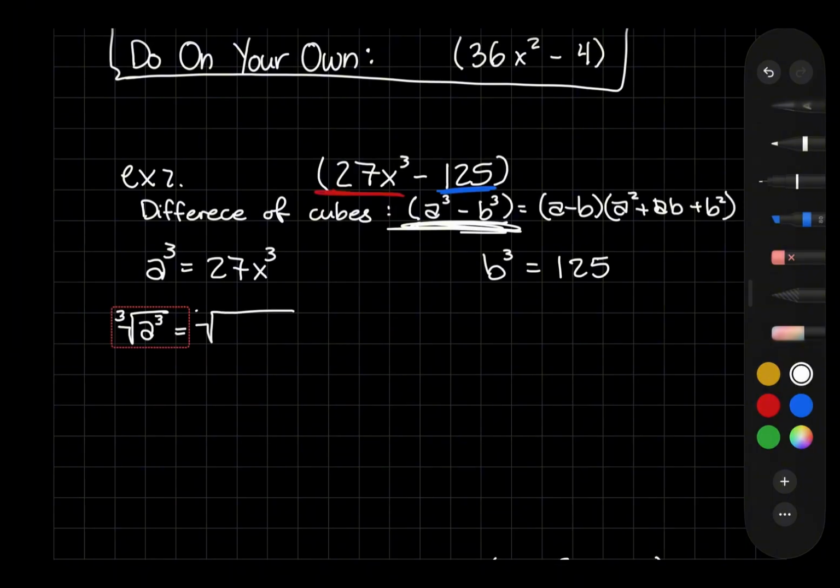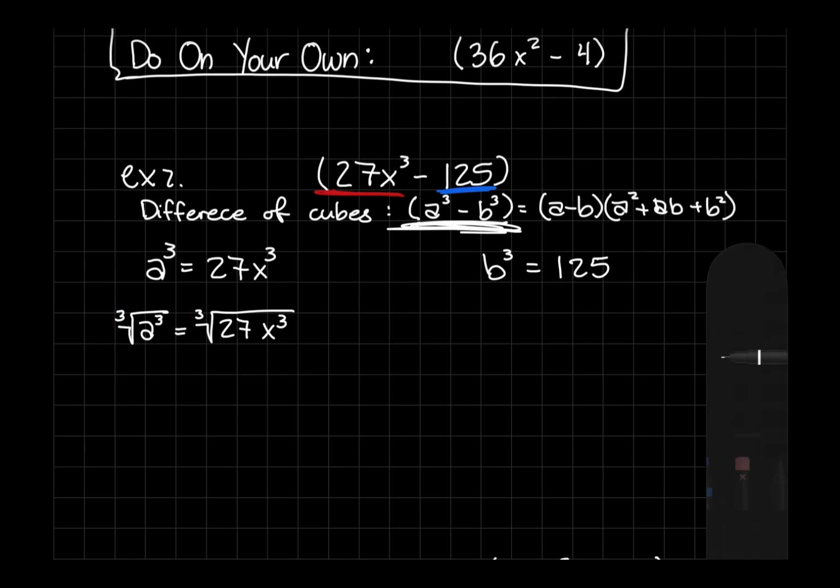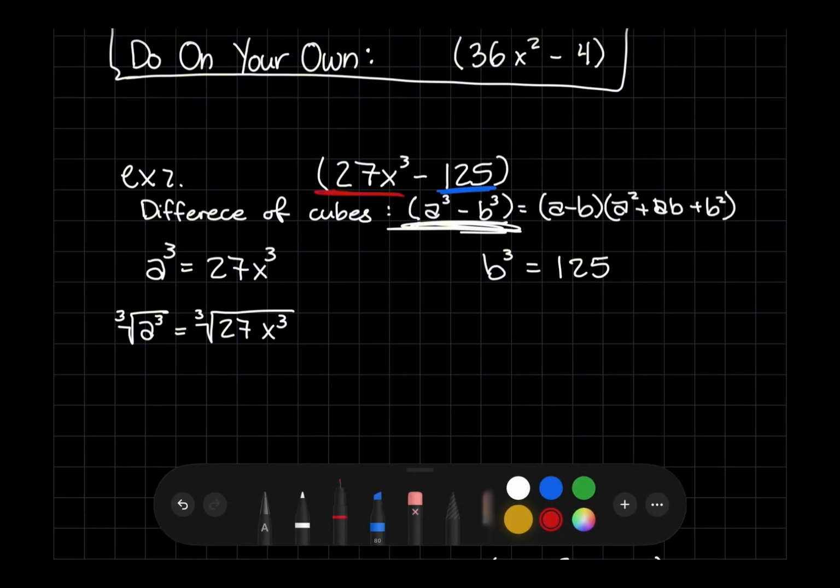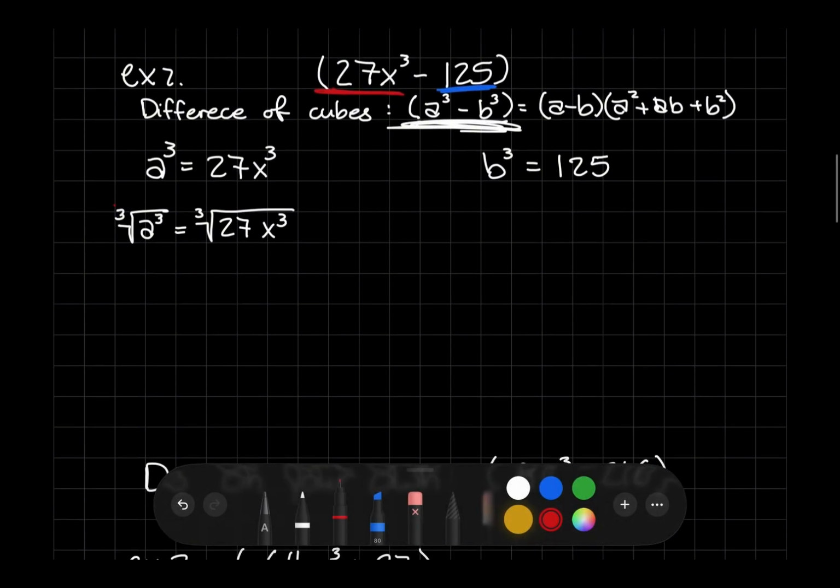We are going to cube root both sides. Very similarly to a square root and a square, my cube root and my cube are going to cancel out. I'm going to be left with A all by itself. And just like we saw with a square root, we can split these two up. So I'm dealing with the cube root of 27 and the cube root of x cubed.